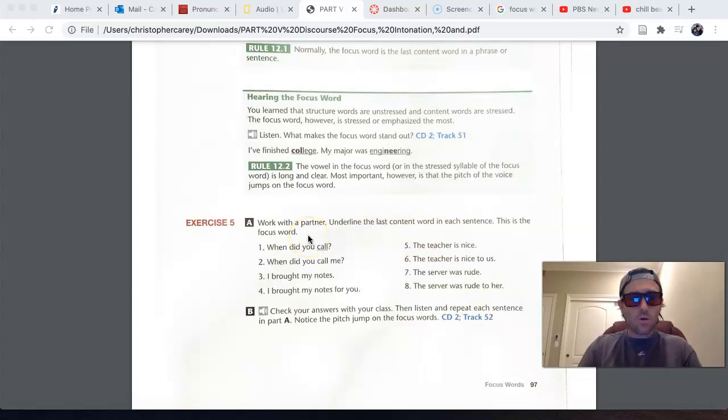The vowel sound in that word, you should hear longer and clearer than the vowel sounds in the other words. And the pitch, the volume at which the word is pronounced, is markedly higher than with the other words in the sentence. Let's give it a listen. CD2, track 52.